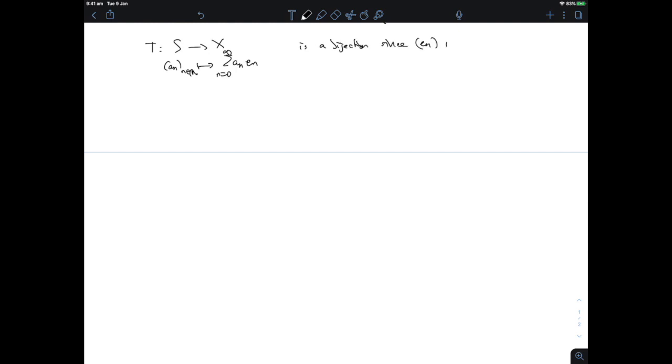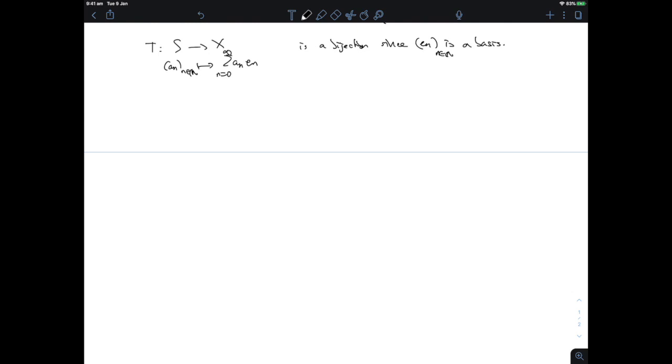So En being a basis, the uniqueness of the coefficient An means that if T of An is equal to T of Bn, then An has to be equal to Bn for all n, so that gives the injectivity of the map, and every element in X can be decomposed in that way. That gives the surjectivity of the map.